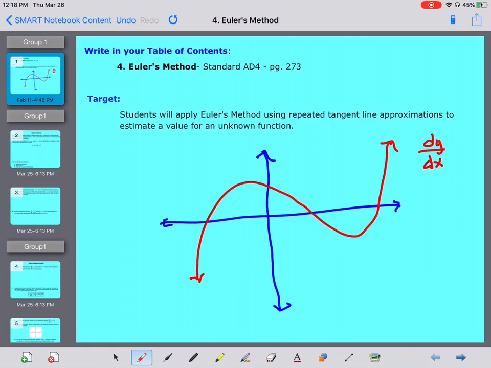If we have a point, let's say that point right here, we can use a tangent line. We're going to call this our x and a specific y. If we look at that x and that y, we can use a tangent line approximation to evaluate some other point on this function close to that point.